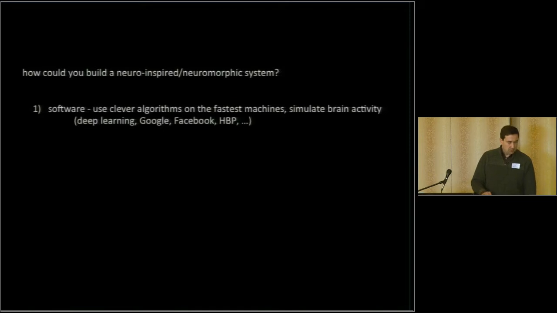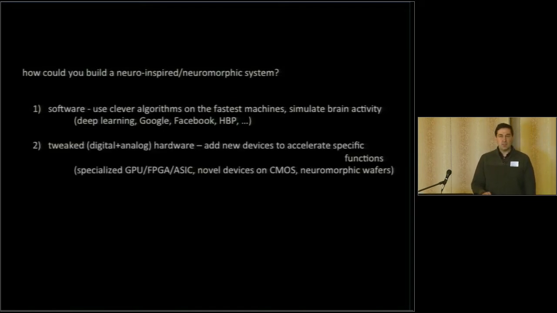Now, the second way you can build a neuromorphic system is on what I've called tweaked hardware, basically taking conventional digital systems and combining them with either novel devices or digital-analog combined systems, and using those to specifically accelerate certain functions that are bottlenecks in the first software approach.